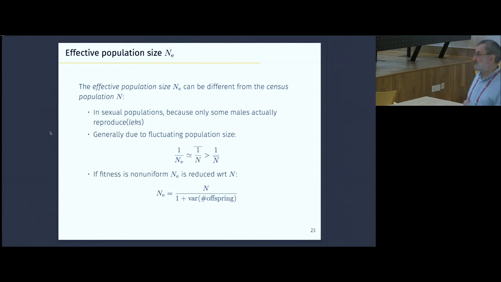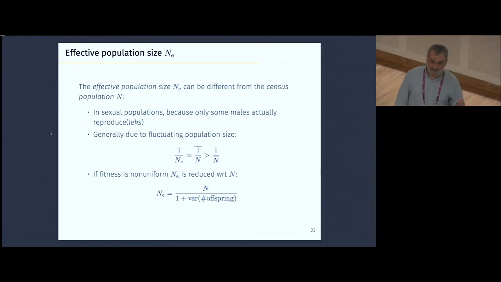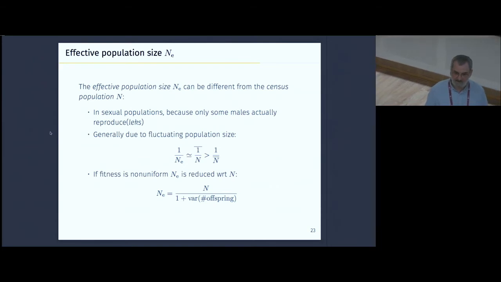First effect is that in sexual populations it happens quite often that the male population is contributing only a few individuals. Each female has offspring, but the males who have offspring can be in a very reduced number.